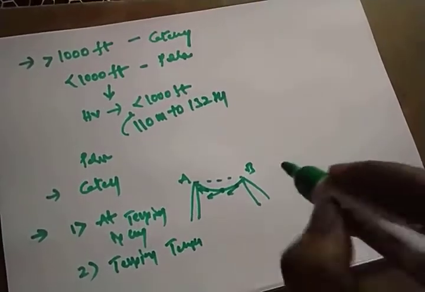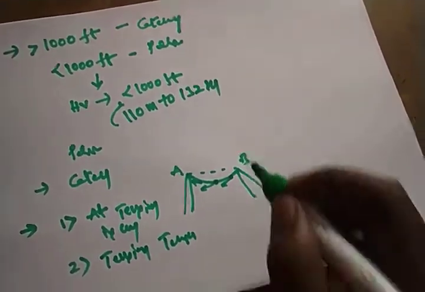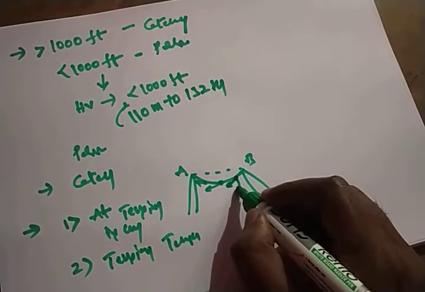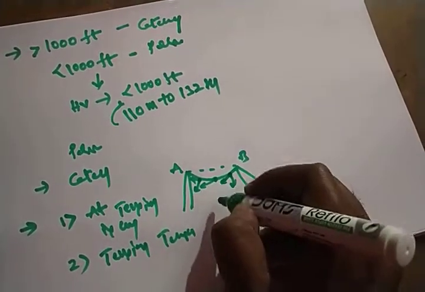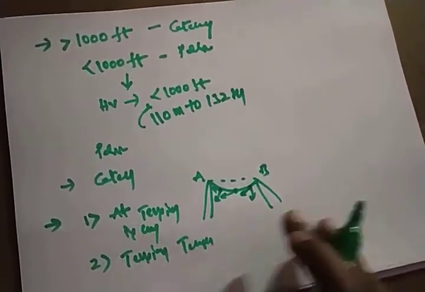At each and every point, the tension has a vertical projection and a horizontal projection. At the midpoint, we don't have any vertical component, only horizontal tension is present. We already discussed this in the last session.